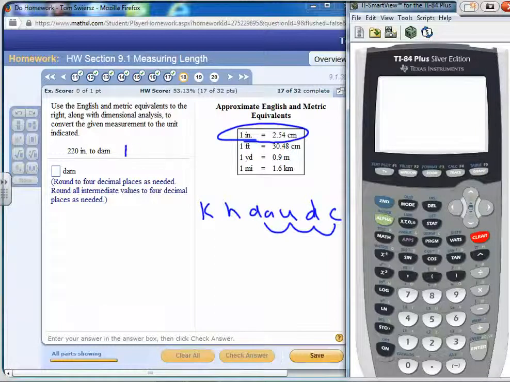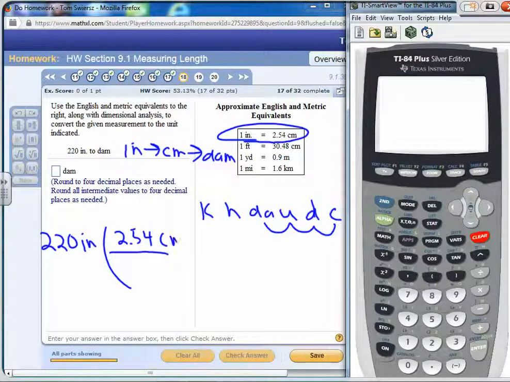So what we're going to do is convert from inches to centimeters, and then centimeters to decameters using a metric conversion. Okay, so the first one, 220 inches to centimeters. We want 2.54 centimeters in the numerator for every 1 inch in the denominator. The number 2.54 is in the numerator, so that tells us we're going to multiply.